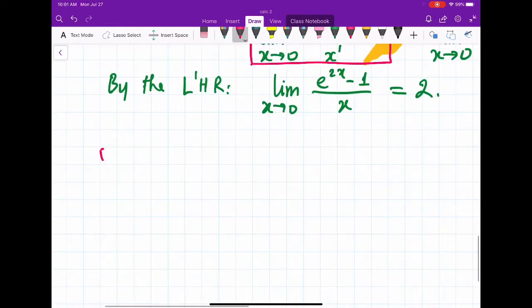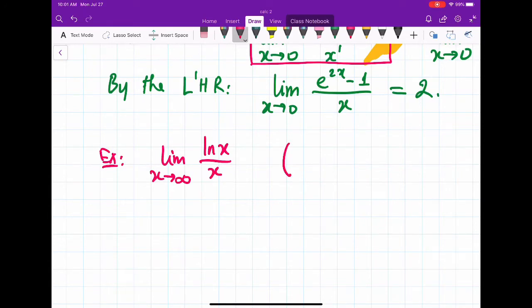Let's consider the second example. The limit of ln x over x, as x approaches infinity. So now we have a function that involves the logarithmic function ln x. When you plug infinity into this, you get infinity over infinity.